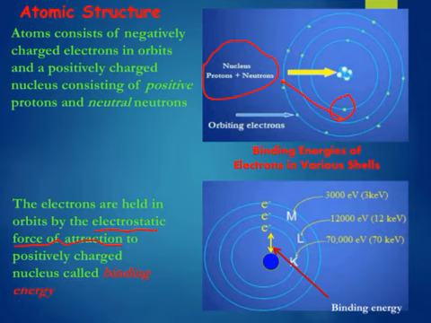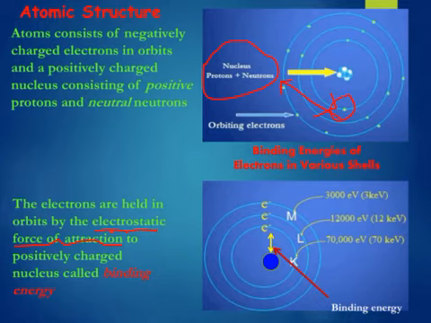They are held together with a force of attraction, and this is called the electrostatic force of attraction. Now whenever there is a force between two objects, there will definitely be an energy created which binds these positive and negative charges together. That energy which binds them together is called the binding energy.